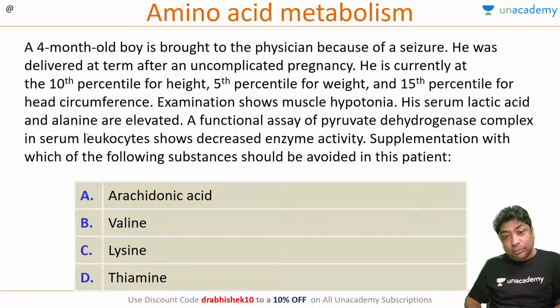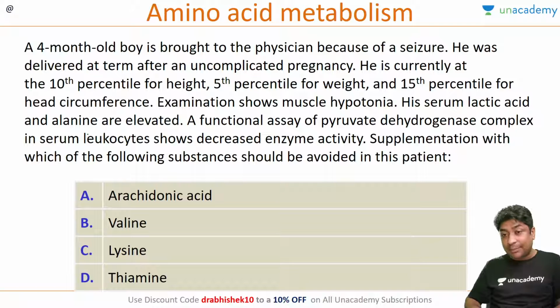A 4-month-old boy is brought to the physician because of seizure. He was delivered at term after an uncomplicated pregnancy. He is currently at the 10th percentile for height, 5th percentile for weight and 15th percentile for head circumference. So there is not much growth retardation as far as weight is concerned.